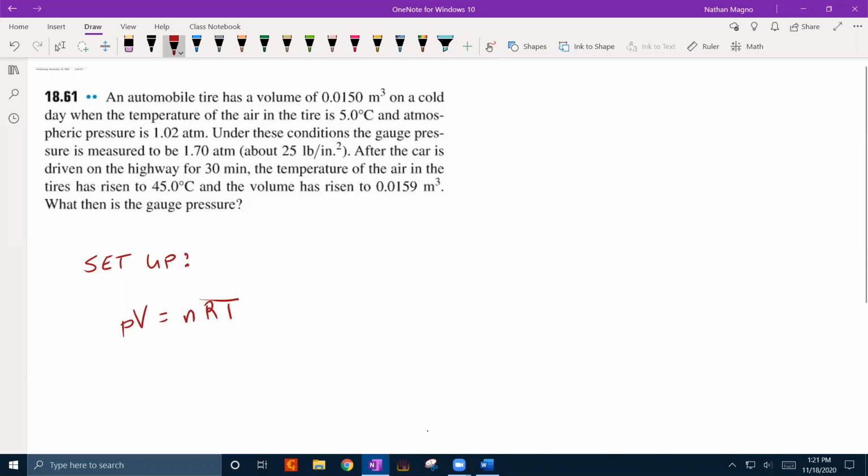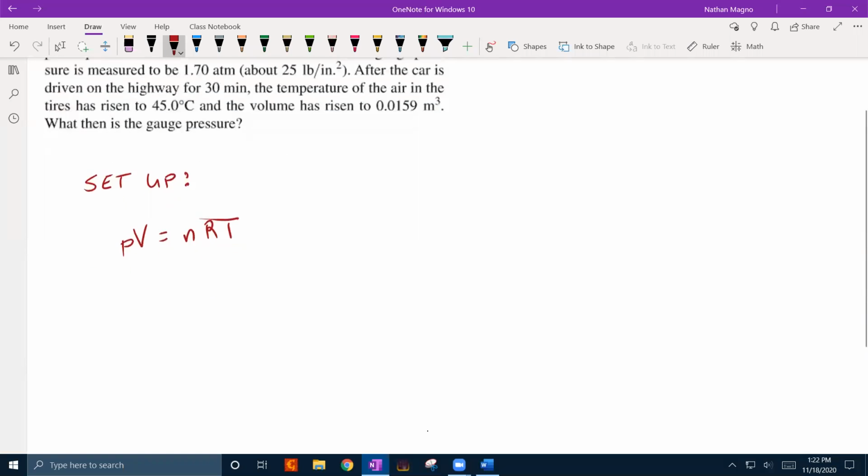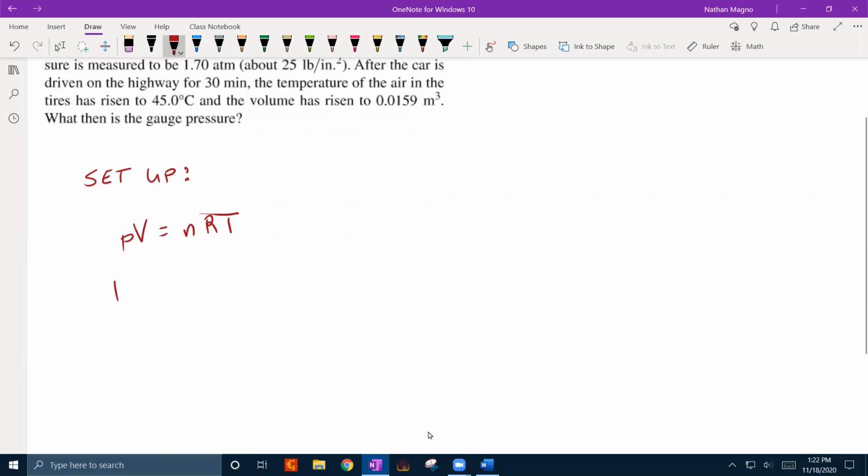So we're given that temperature 1, the starting temperature of this tire, is 5 degrees Celsius. And the end temperature is 45 degrees Celsius. So what I'm going to do now is put T1 equal to 278 Kelvin.